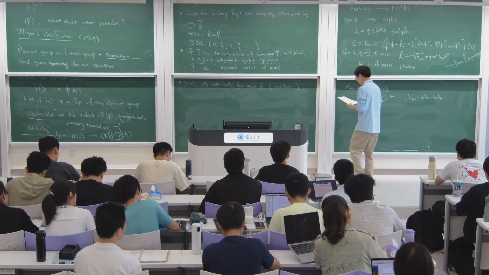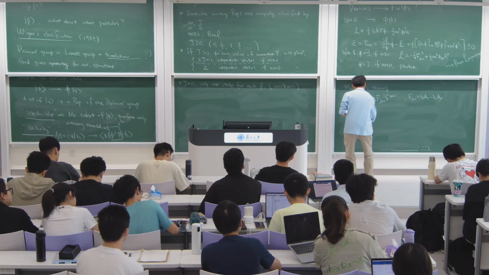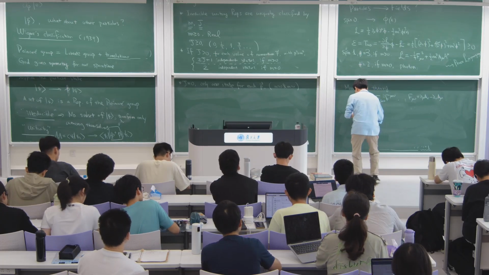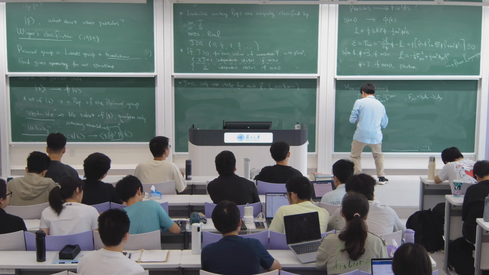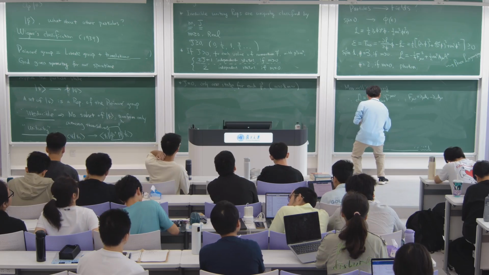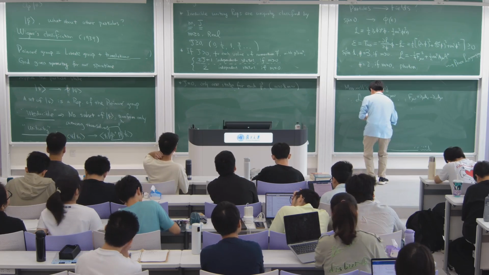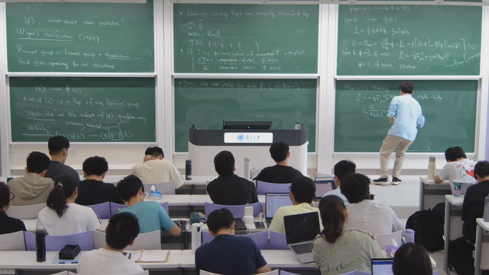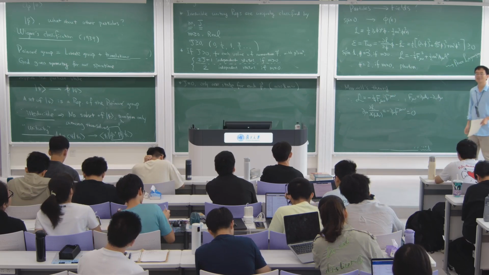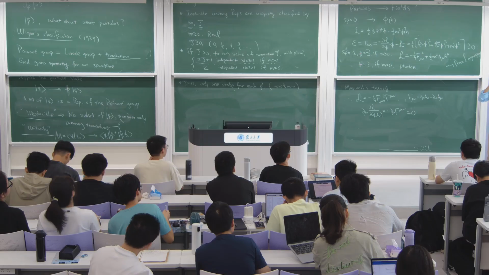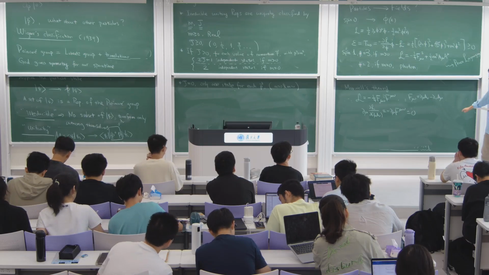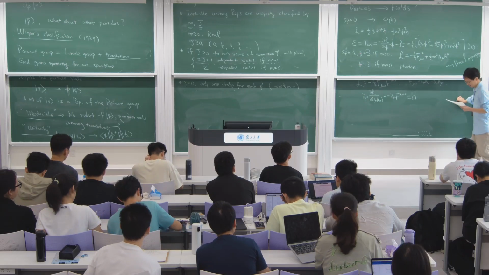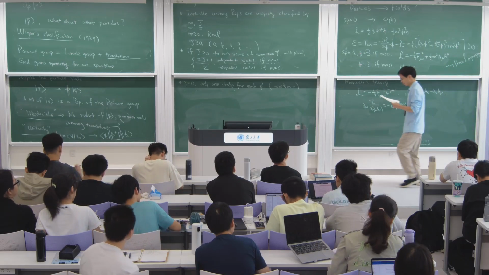And from here, you can derive Maxwell's equation. The equation of motion is essentially this one. This is Maxwell's equation, or the equation of motion from this Lagrangian, more precisely.